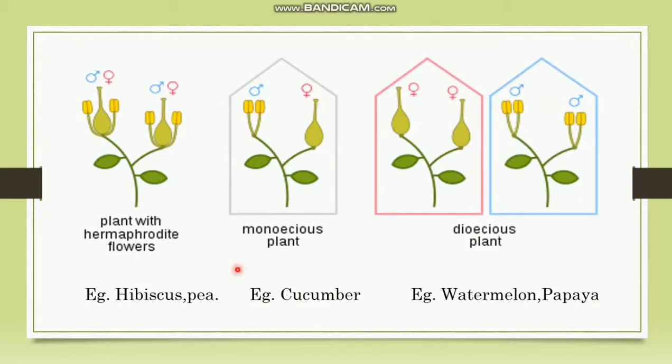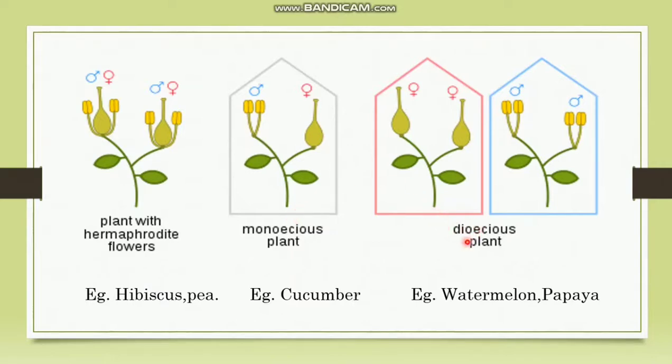In nature, we find three types of plants. A plant which bears bisexual flowers. Second, a plant where the flowers are unisexual but both kinds of flowers, pistillate and staminate, are present on the same plant; they are termed monoecious plants.